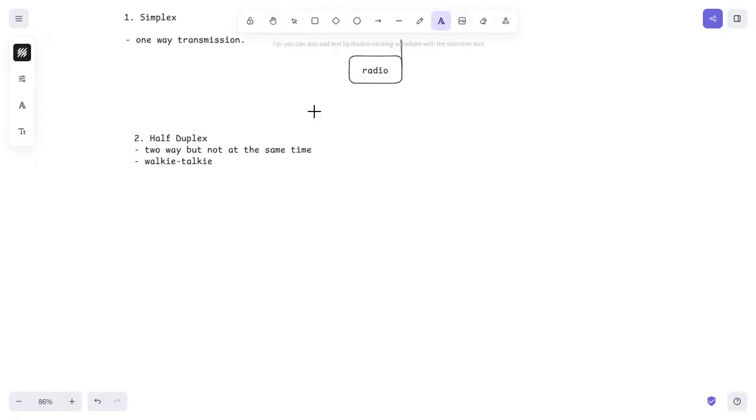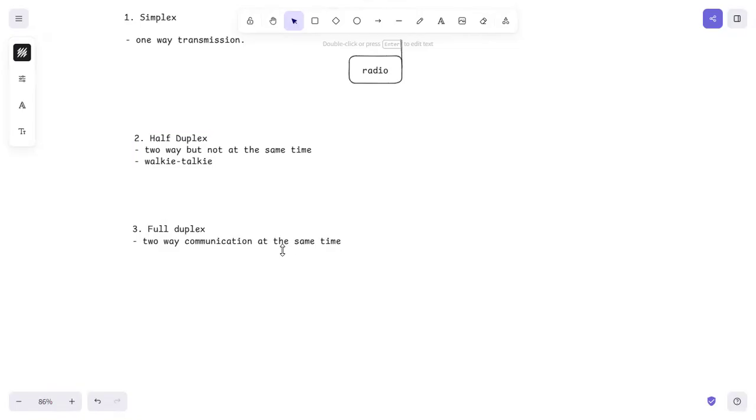Now the best one is full duplex. Full duplex means both sides can send and receive messages simultaneously. Here it means two-way communication at the same time. The best example of full duplex is a phone call. Both people can speak and listen at the same time.